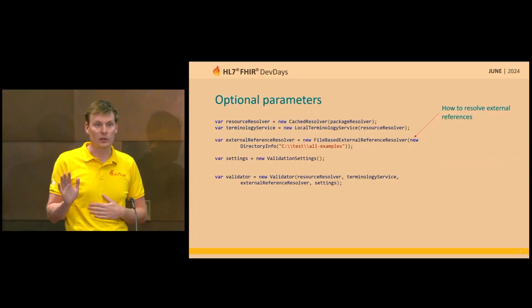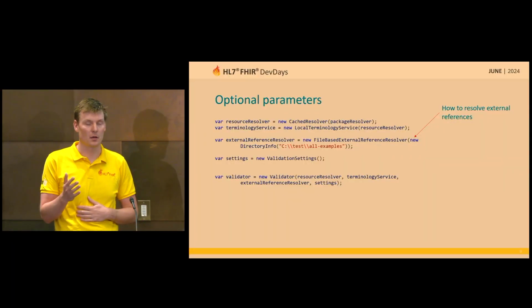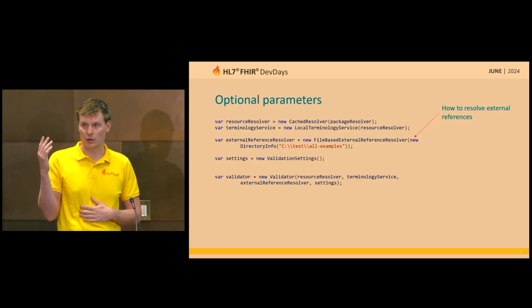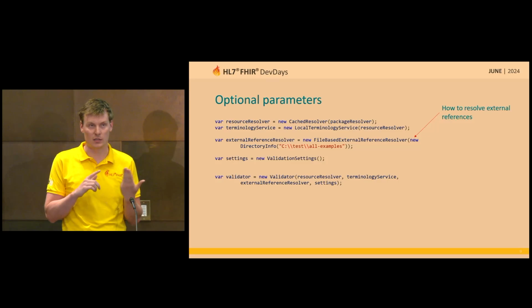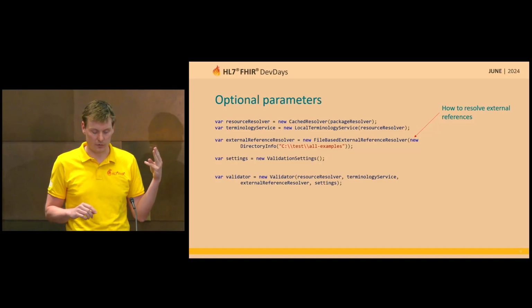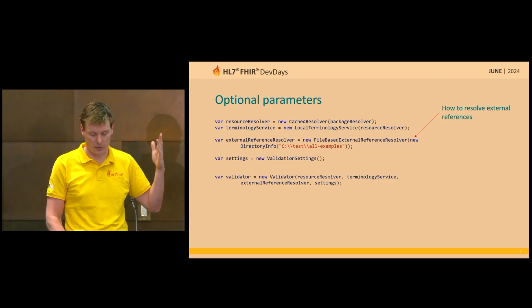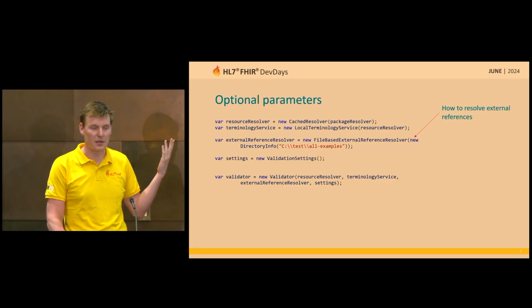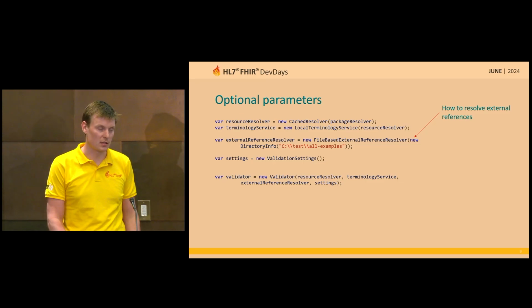This is optional. If you don't provide a resolver for this, it's a similar resolver as we use for the conformance artifacts, like the profiles and the value sets. It's an IResourceResolver. It's an interface. You can provide it with an external one or a local one. In this case, we've used a file-based external reference resolver. It's part of the SDK as well.